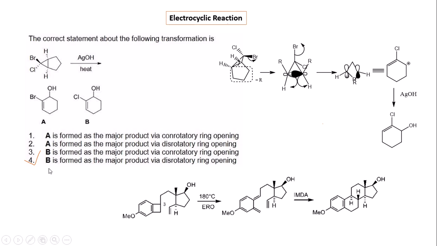So option B is formed as the major product via disrotatory ring opening. This problem has been taken from the Clayden book, where electrocyclic ring opening followed by ring closing gives the product. This is an interesting problem where the electrocyclic reaction is followed by a cycloaddition reaction.